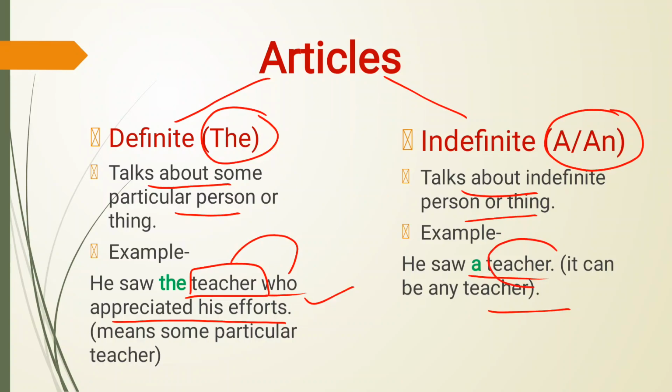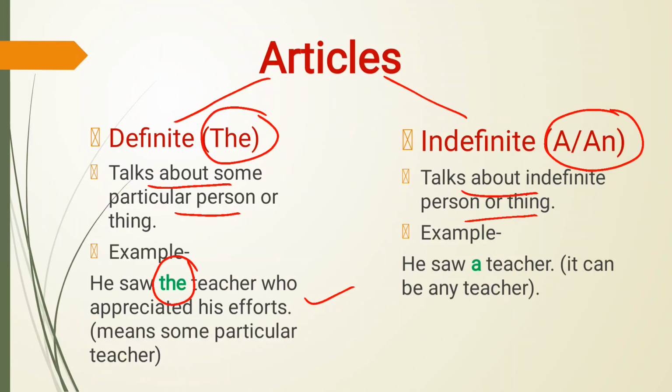No description of the teacher has been given. It can be any teacher. And that is why in this sentence it is an indefinite teacher, but in the other sentence we are talking about a definite teacher, and that is why we have used the definite article the there, and the indefinite article with this indefinite or non-specific teacher.